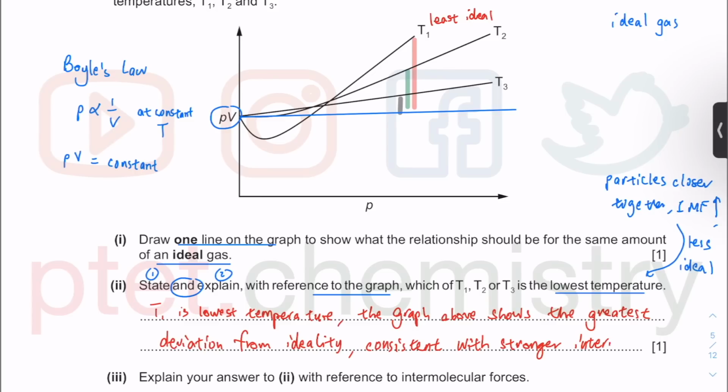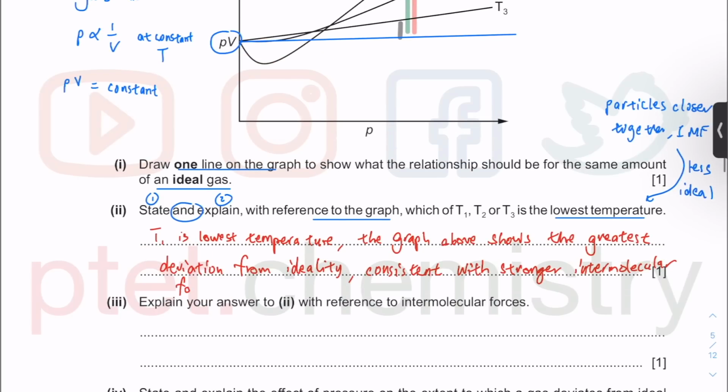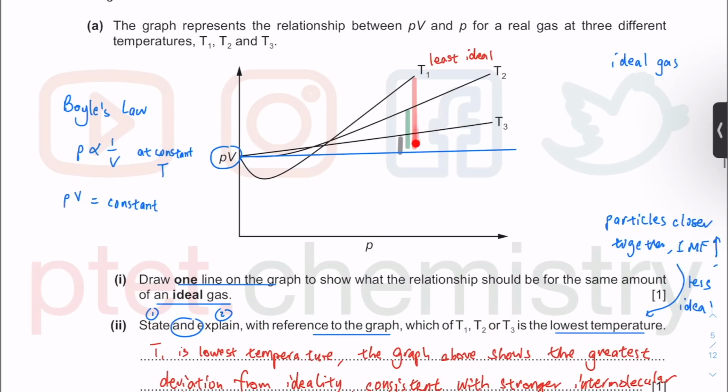I can't use the abbreviation IMF, so stronger intermolecular forces as a result of particles being closer together. I don't want to use the word molecule because we are not sure about what this one is. And this one is at lower temperature. The particles are closer together, and as such, stronger intermolecular forces, greatest deviation from ideality, as I have just explained earlier.